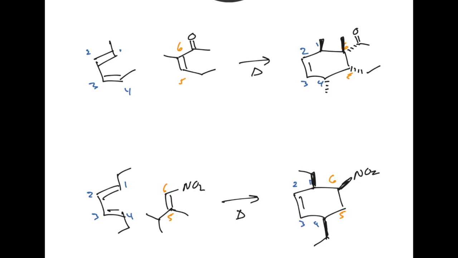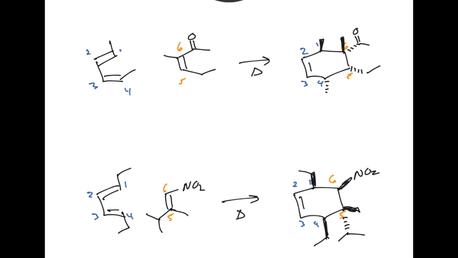Right, so it's on the same side as the methyl group on carbon 5. That makes the methyl group up. Now the nitro group's on the opposite side from the isopropyl group. So if the nitro group is up, the isopropyl group is down. So far, so good?